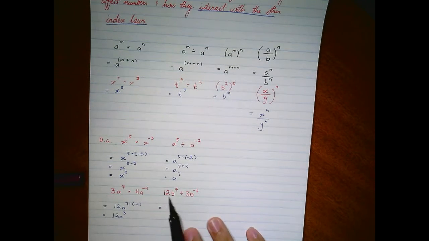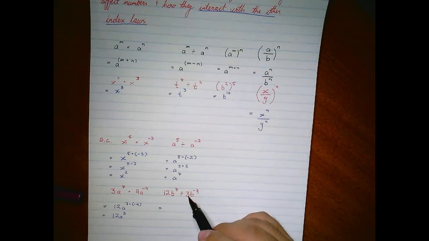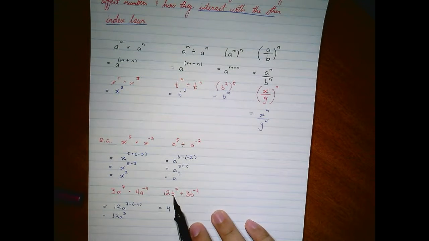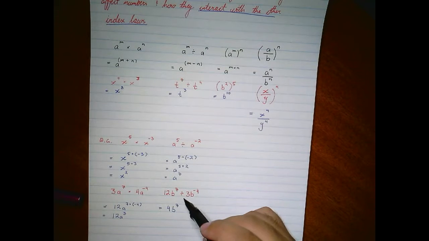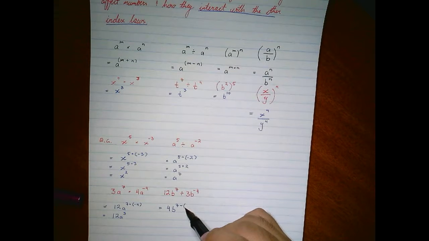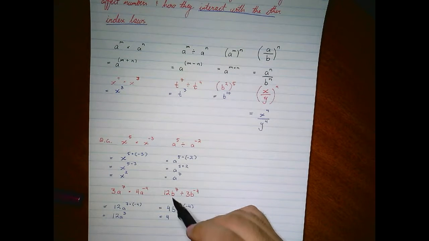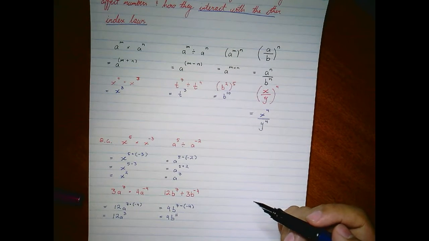What is 12 divided by 3? 12 divided by 3 is 4. And again, b to the power of 7 minus, because it's division, -4, which is 4b. 7 plus 4 is just 11.